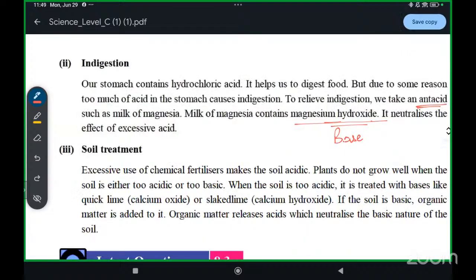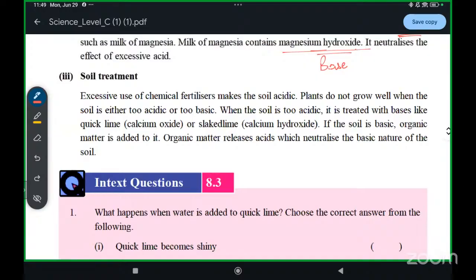Soil treatment. Excessive use of chemical fertilizers makes the soil acidic. What are fertilizers? Fertilizers are those substances which are added to soil to make it more fertile, to increase its ability to grow plants well, to make it more nutrient rich.